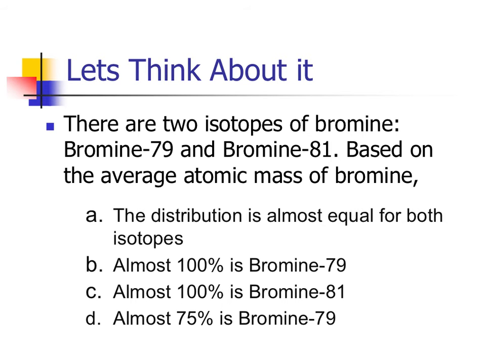If we take 50% and multiply that by 79, and add that to 50% of 81, and then add those two together, we would find that our answer is 80, and the atomic mass of bromine is 79.9.